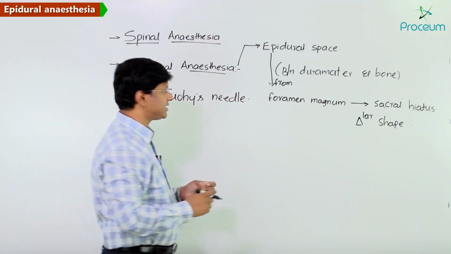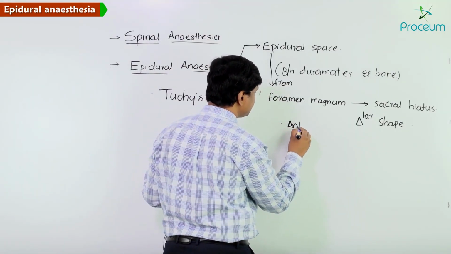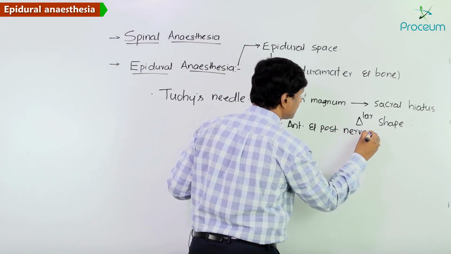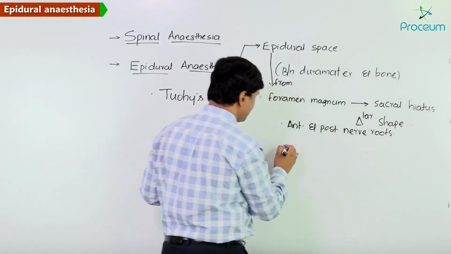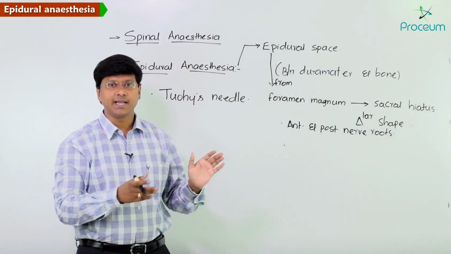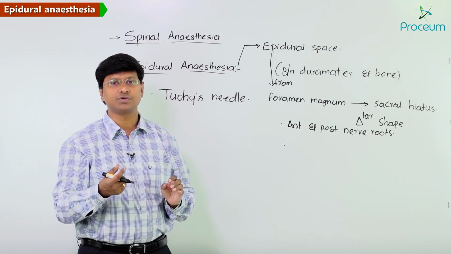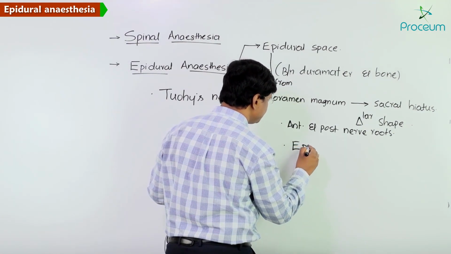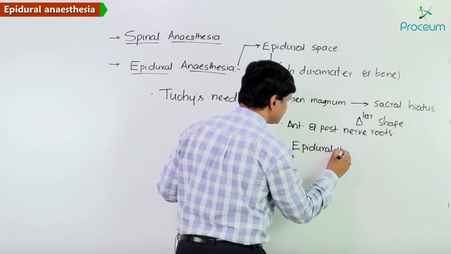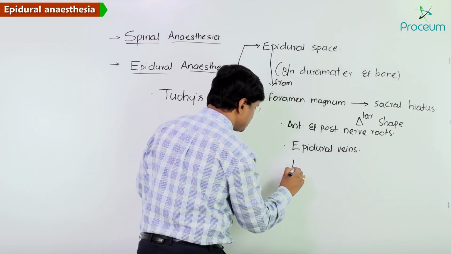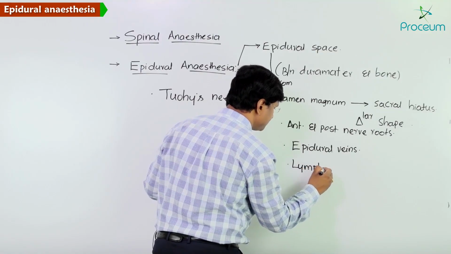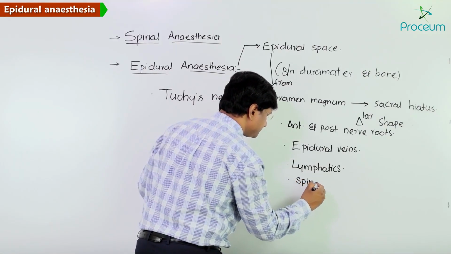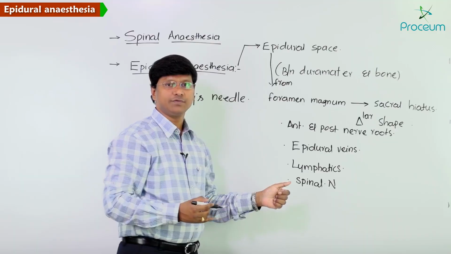Remember the epidural space contains anterior and posterior nerve roots, and apart from the nerve roots, it also contains veins and lymphatics. So it contains epidural veins, and there is also the presence of lymphatics, and also the presence of spinal nerves.